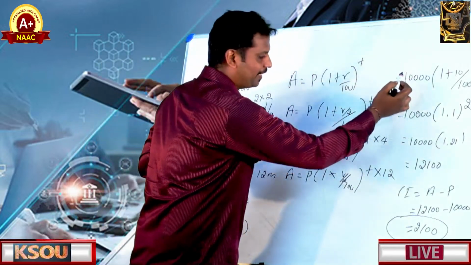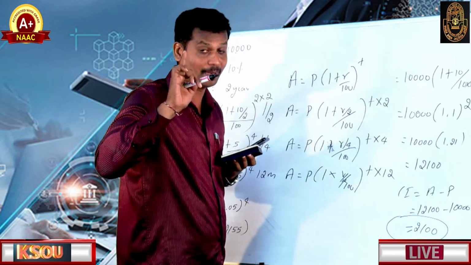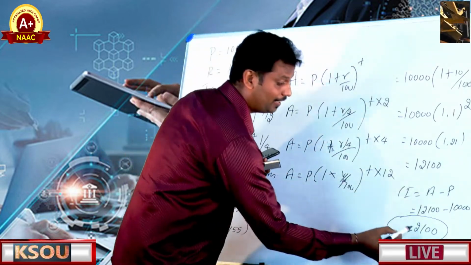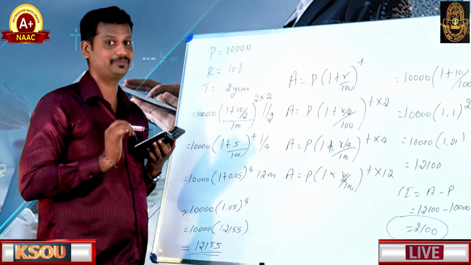When we are taking the interest for 2 years in compound interest per annum, annually, the interest amount will be 2,100.